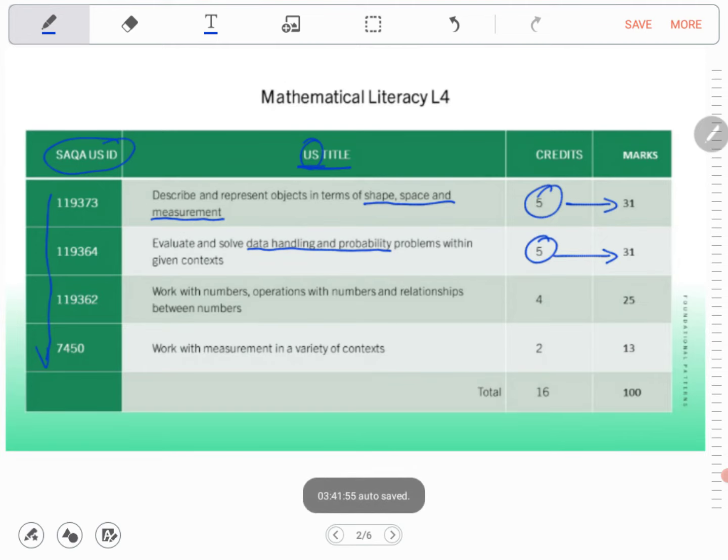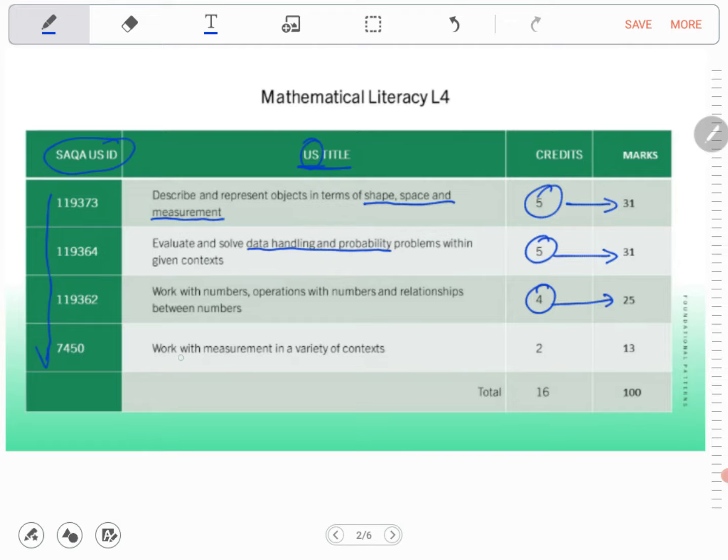Now the next one is called work with numbers, operations with numbers, and relationships between numbers. We normally call it working with numbers in short. This one has 4 credits, and this translates to 25 marks in terms of the weight in the final exam.